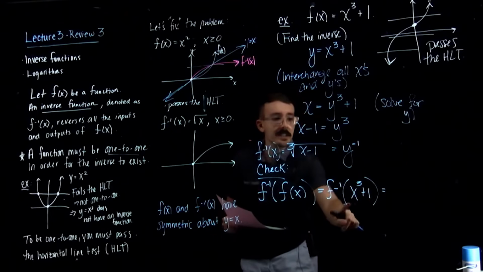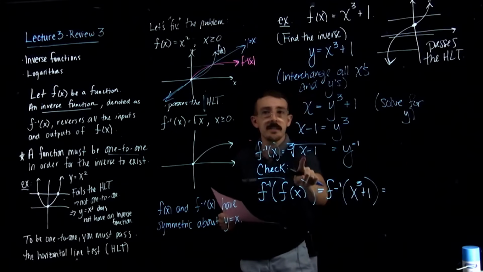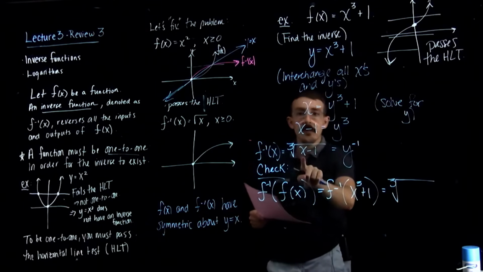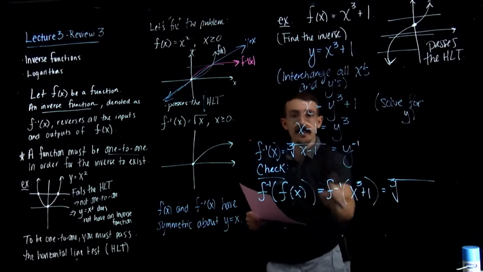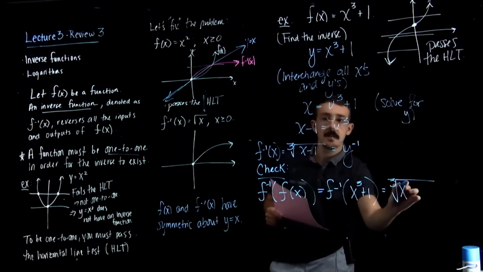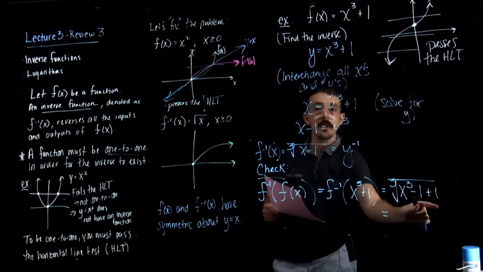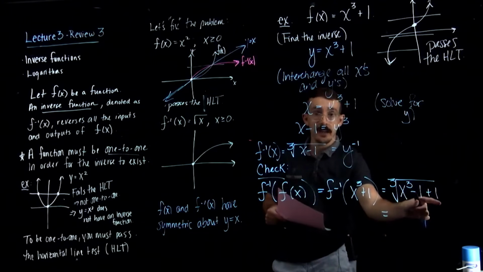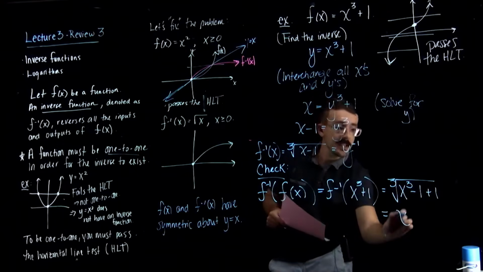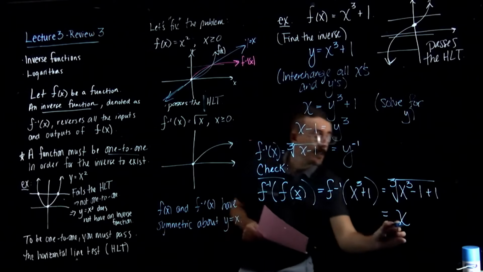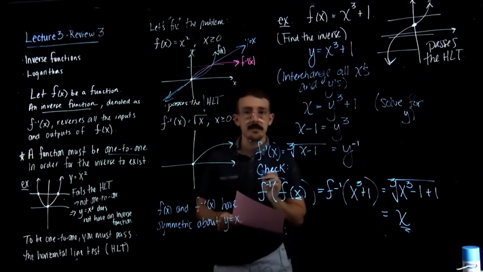If you plug x cubed plus 1 into the answer we found, you get the cube root of, for this x right here, I'm plugging in the original function, plus 1. Well, the plus 1 and the minus 1 under the radical cancel, and a cube root and a cube cancel. So you just get x. So when you plug in x, you simply get x.